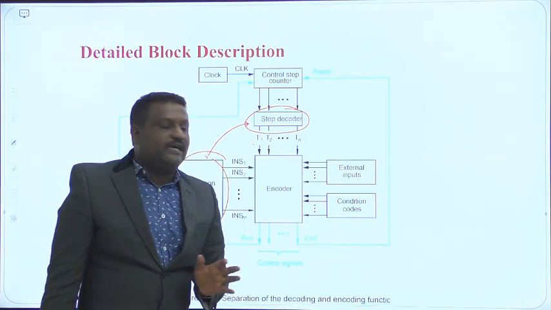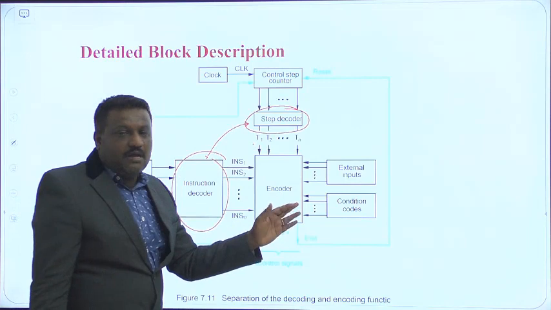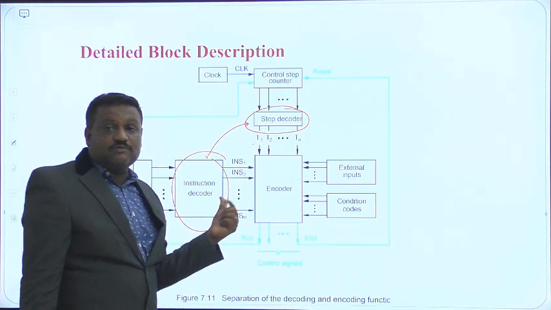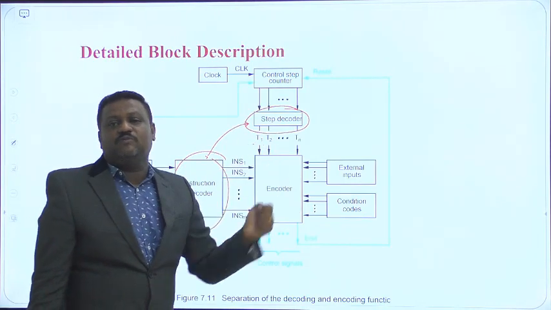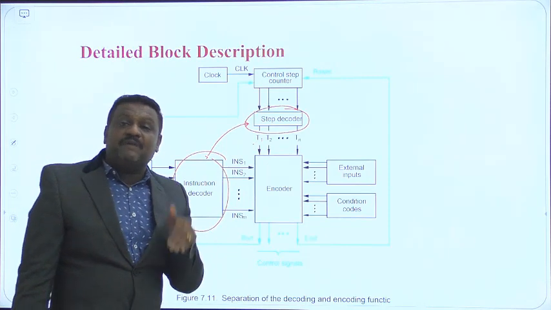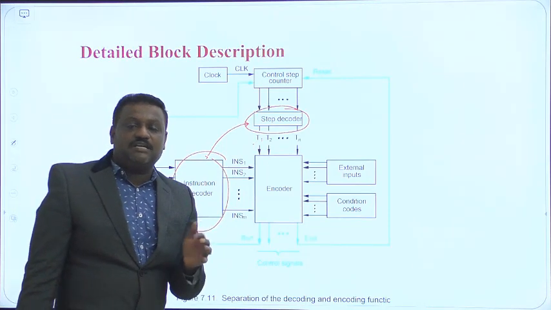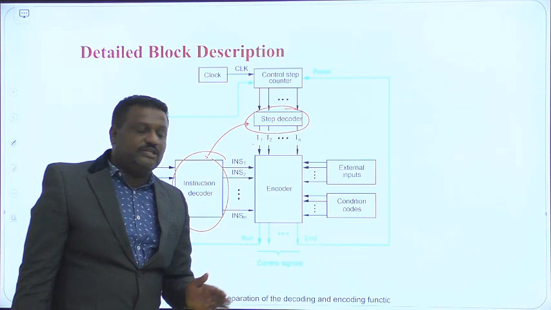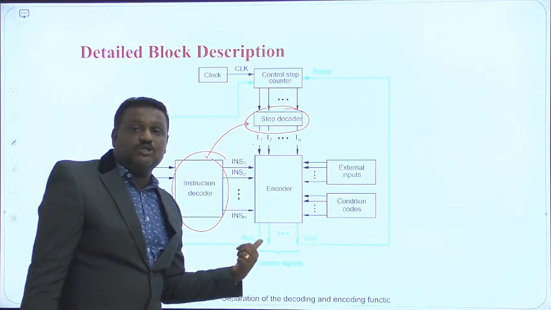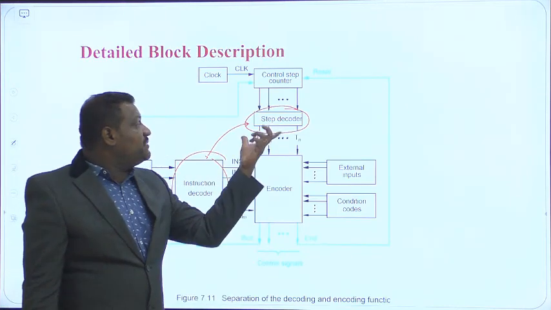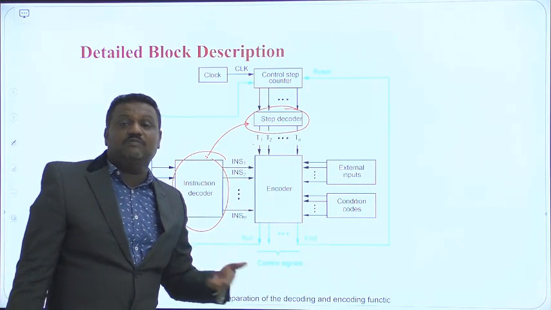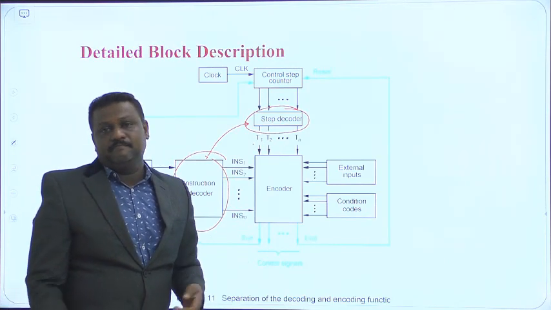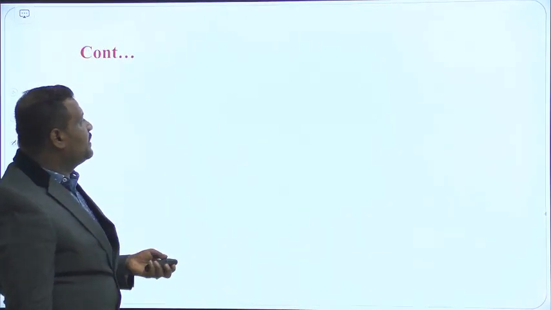So I have elaborated my hardwired control unit by incorporating two decoders. One is the instruction decoder and the second one is the step decoder. The output of my instruction decoder is a subclassification of my instruction steps, that is INS1, INS2 and so on, INSM. And the output of my step decoder gives timing signals T1, T2 and so on, Tn. That is an important thing.